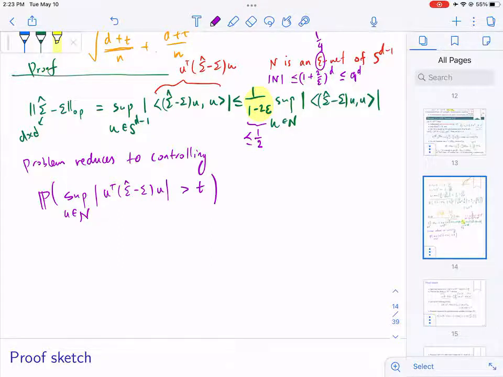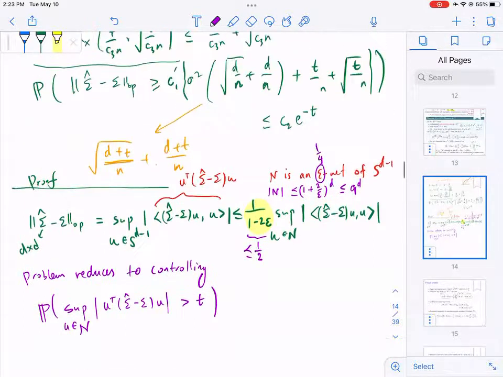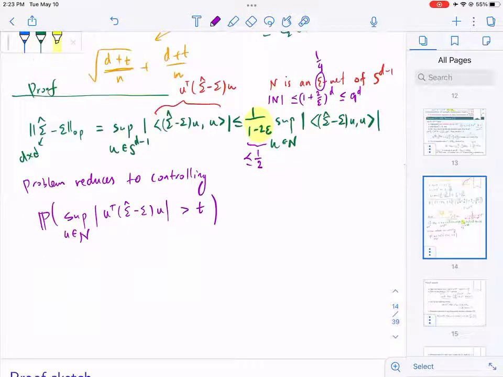I'm going to ignore this factor. This just adds to the constant that we have here in the end. And because we're not keeping track of the exact constant, we can just ignore that. So it's enough to have a similar bound for this.